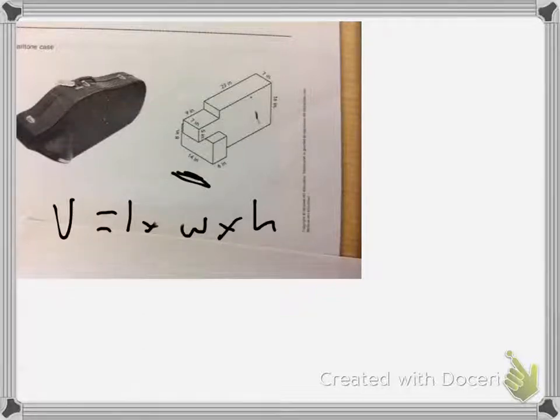Our measurements are 14 inches long, 6 inches wide, and 8 inches tall. We know volume equals length times width times height, so we take 14 times 6 times 8. On this assignment, you can use a calculator because we are using such big numbers. First, let's take our two smaller numbers, 8 times 6 equals 48.